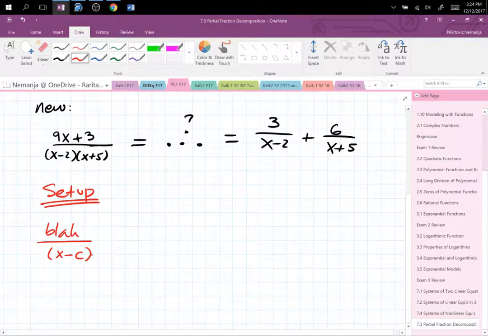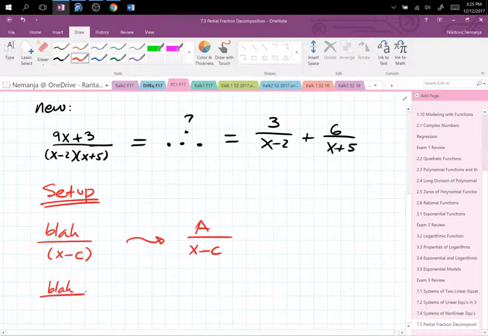So you have some kind of linear denominator. This assumes just x or x minus 5 or x plus 10, right? So all of those situations, whether you have c as a positive or negative number, including 0, are set up as constant A over x minus c. So if you see a linear factor, that's the setup.